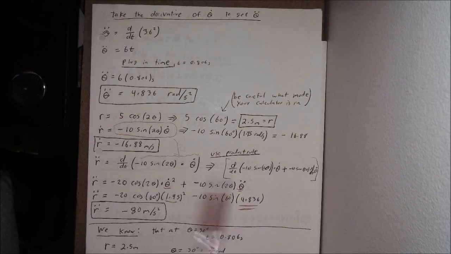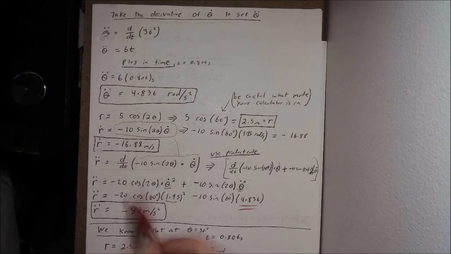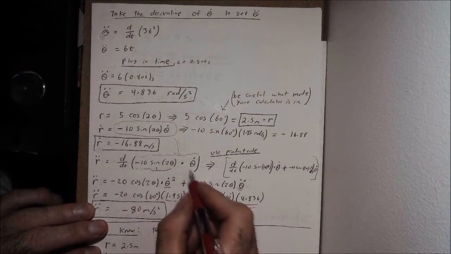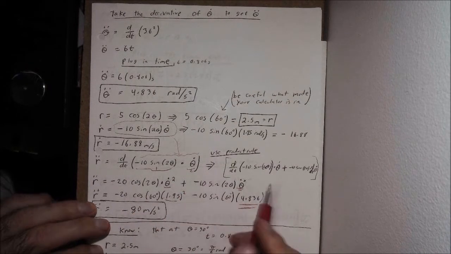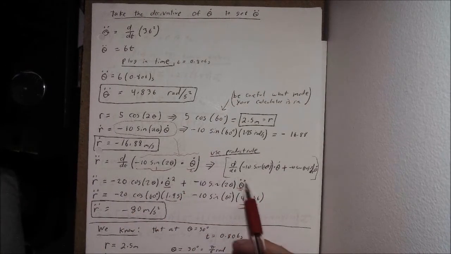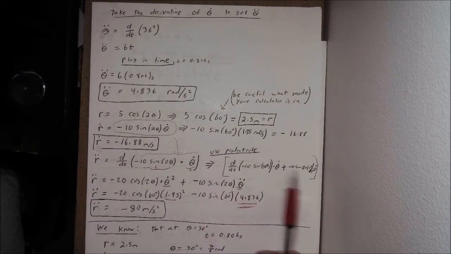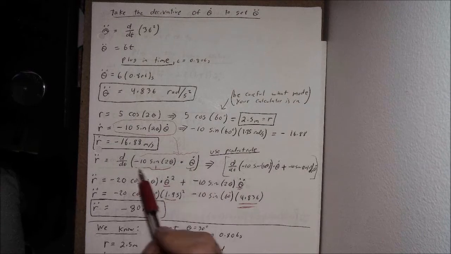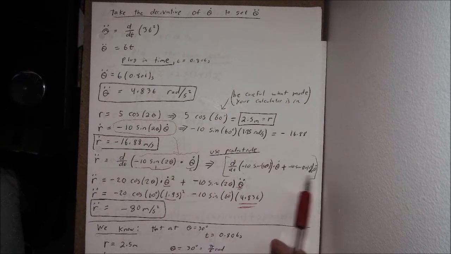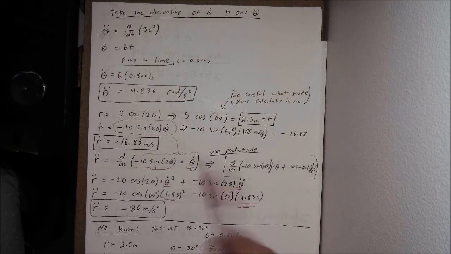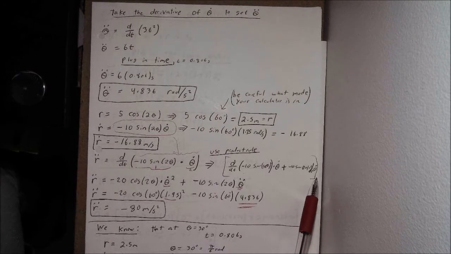Here's my first expression, number 1, here's my second expression, number 2. Take the derivative of negative 10 times the sine of 2 theta, times the second, which is theta dot, plus the first, negative 10 sine of 2 theta, times the derivative d over dt of the second, theta dot. So that's my product rule there.